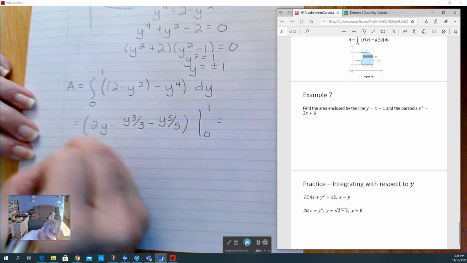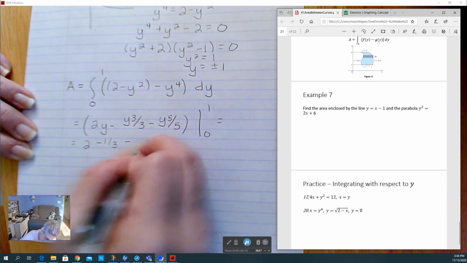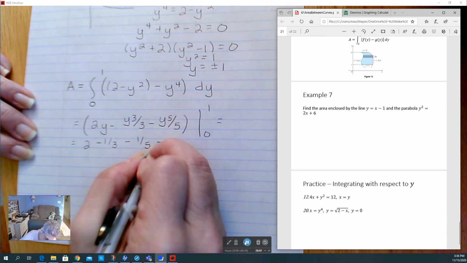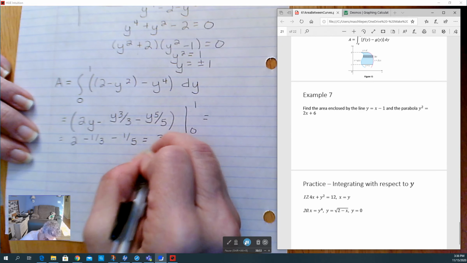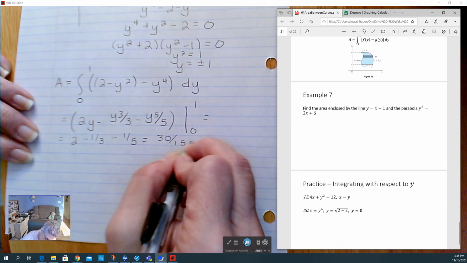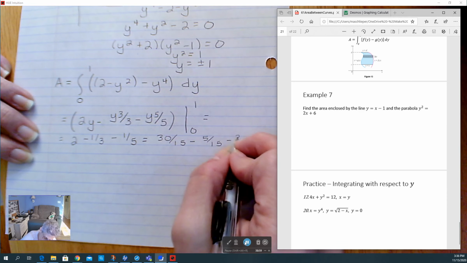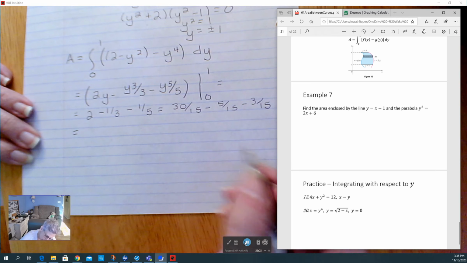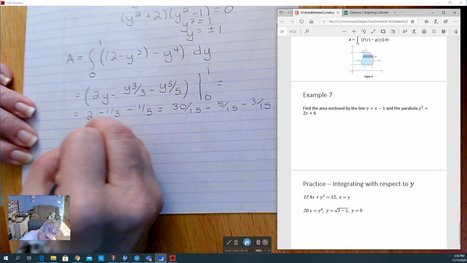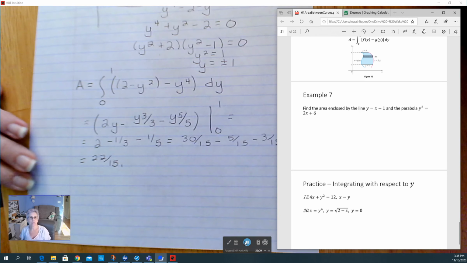Evaluated from 0 to 1 gives me 2 minus a third minus a fifth, which is 30 over 15 minus 5 over 15 minus 3 over 15, which is 30 minus 5 minus 3, 22 over 15.